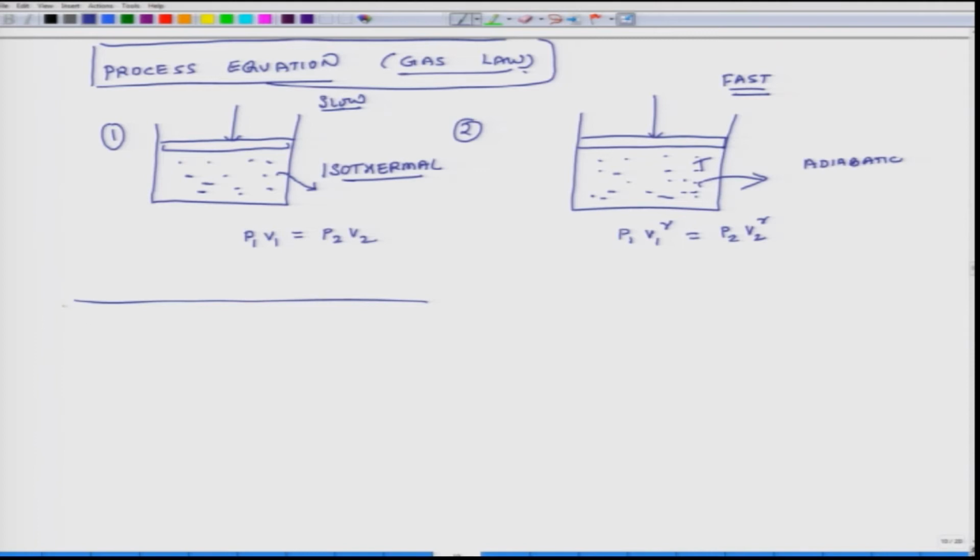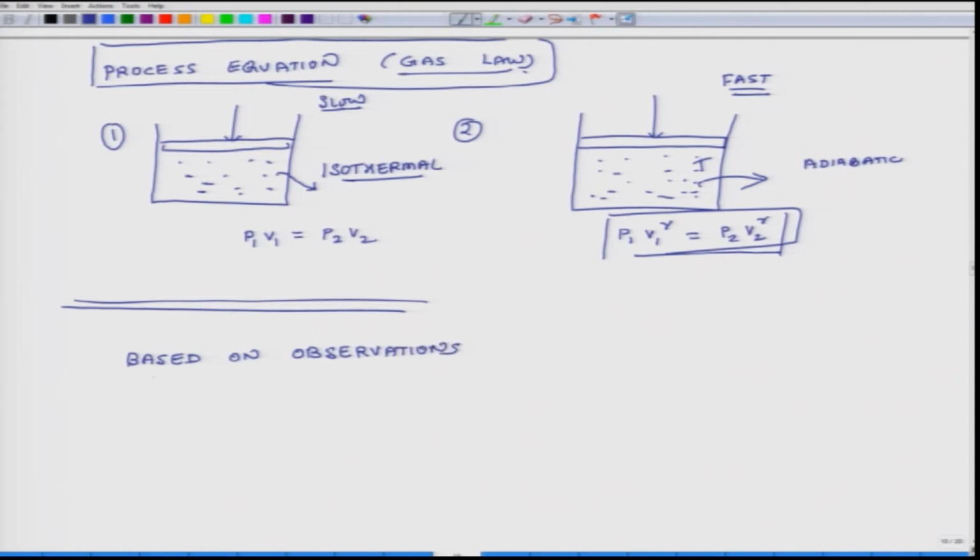It turns out that if you use this adiabatic process, P1 V1 to the power of gamma, then it gives us good results. So based on observations and experiments, we are going to make a choice. These are not my observations; based on observations, a lot of people in earlier times.